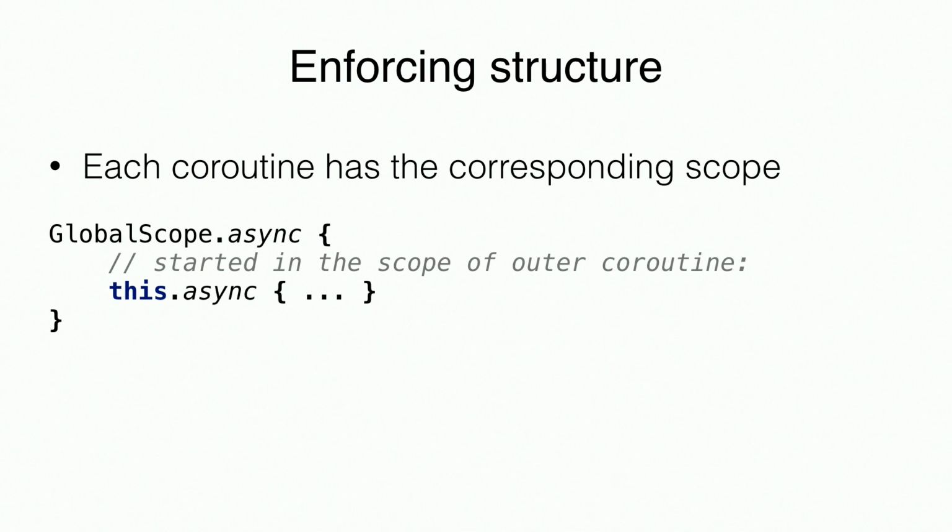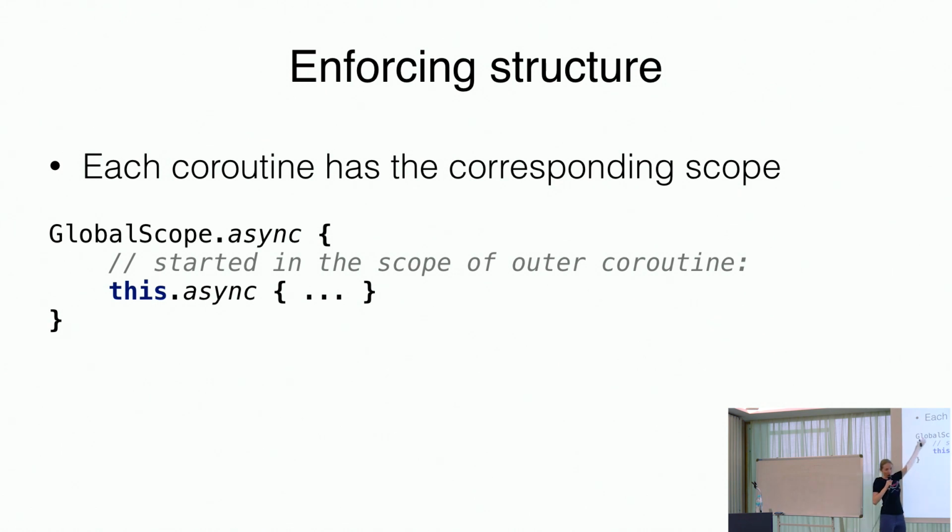Each coroutine has a corresponding scope. So when you start a coroutine from the global scope, it automatically has a scope in which you can start different coroutines, and that's how the relation between parent and child coroutine works. It just works using scopes.